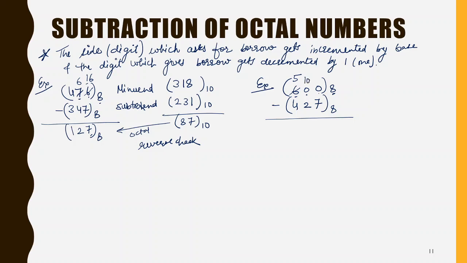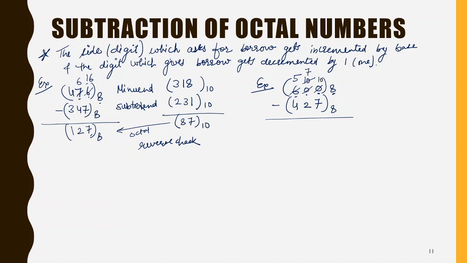Now this 8 does not need to keep the borrow, so the borrow needs to be passed to the right side. So 8 is again reduced by 1, so it becomes 7.